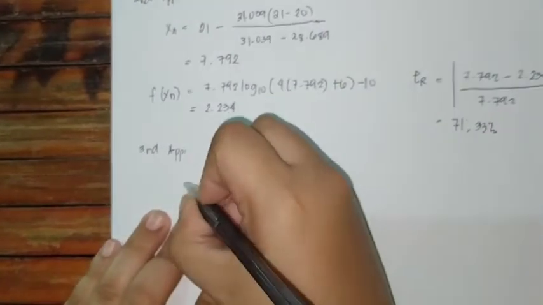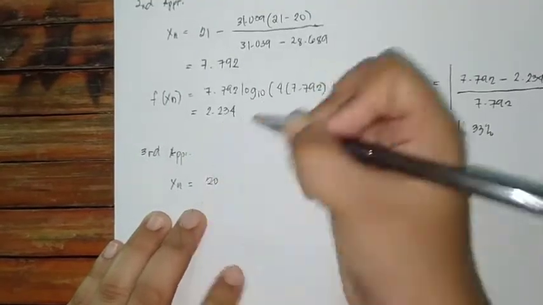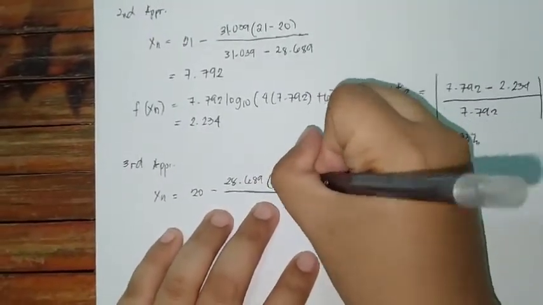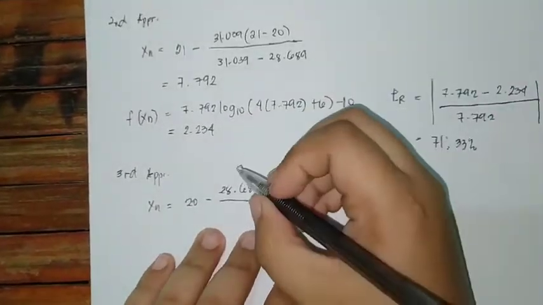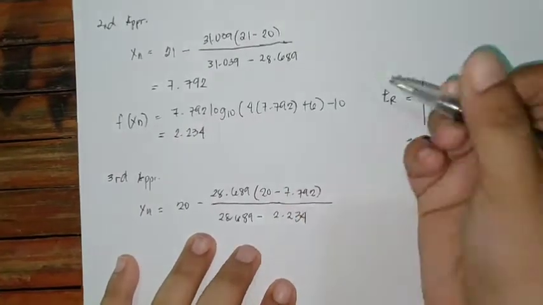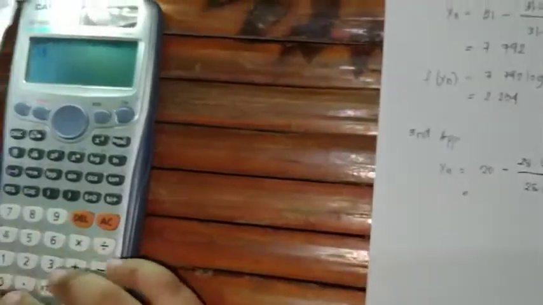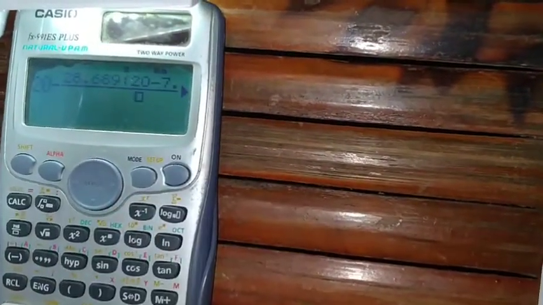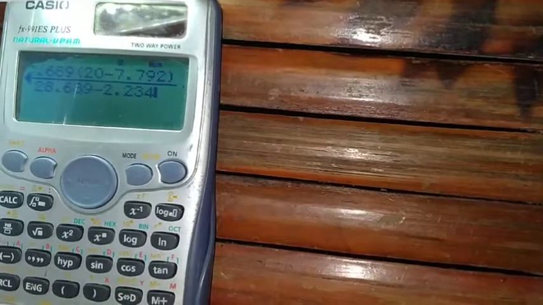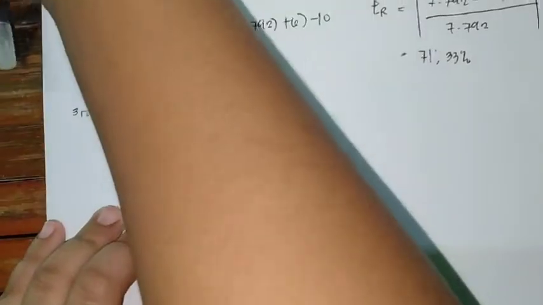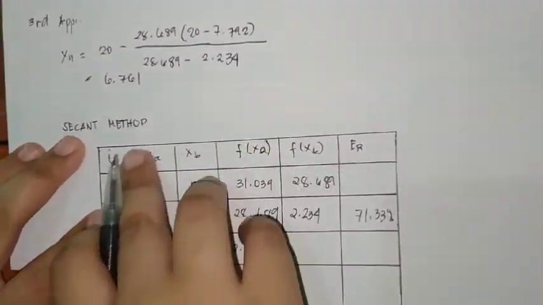So we have x_n = 20 - 28.689 times (20 - 7.792) over (28.689 - 2.234). So we have 6.761.